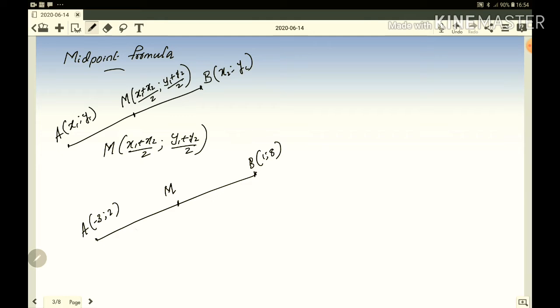It's going to be capital M. The x value is -3 plus 1 divided by 2. Then the y value of the midpoint is 2 plus 8 divided by 2.